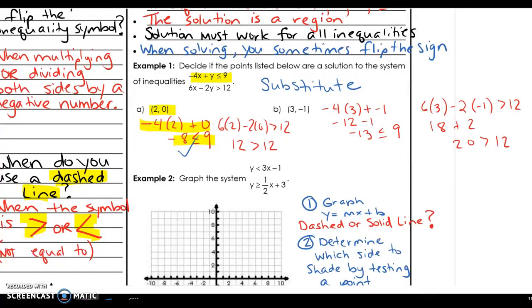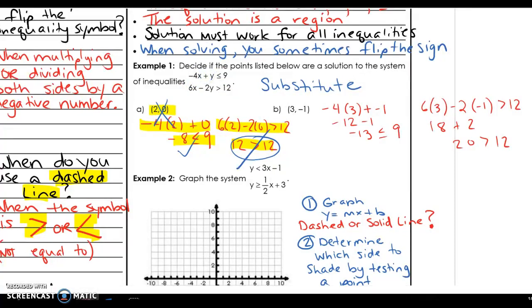Then I substituted into the second inequality, 2 for x and 0 for y, and you get 12 is greater than 12. 12 is not greater than 12. That is not a true statement. Therefore, this point is not a solution to the given system of inequalities.